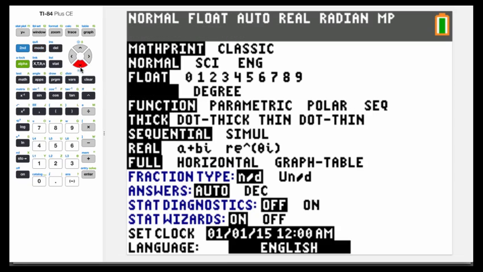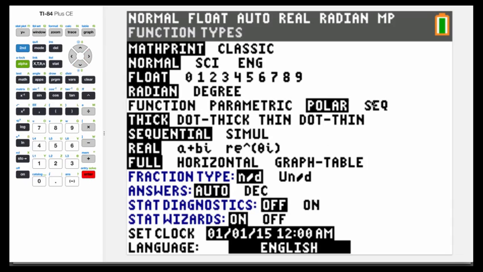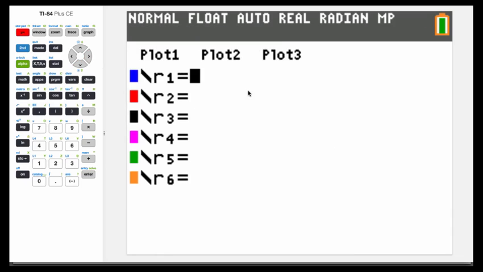So simply go down to that line and select polar. You'll see that the black box darkens over it when you do. And now when you hit y equals, remember that instead of having y1, y2, etc., you're going to have r1, r2, r3, etc. So our curve for this one was 4 times cosine of theta.